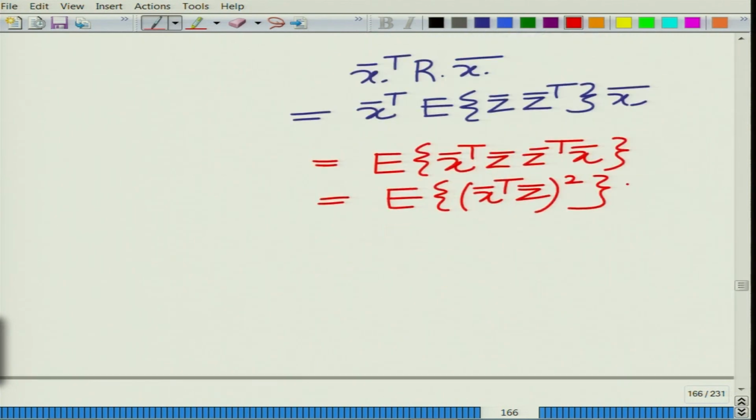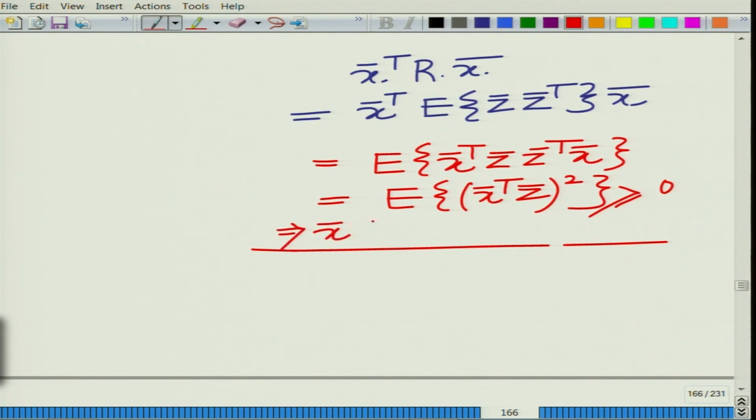And now this is the expected value of x bar transpose z bar whole square, which is a non-negative quantity, therefore this is always greater than or equal to 0. So this implies x bar transpose R x bar is always greater than or equal to 0 for all x bar.